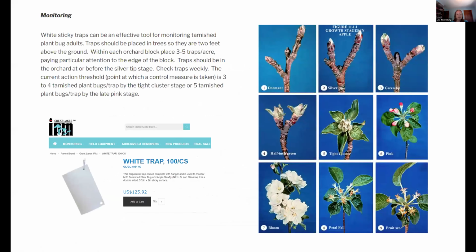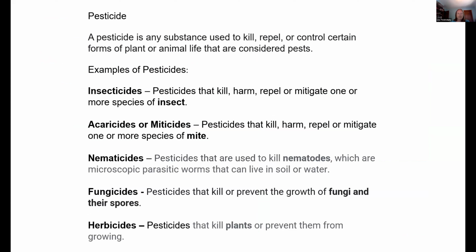I just wanted to show you, they'll set it up by letting you know what stage of the plant to set it at, check it weekly, and this is the trap you should use. So it's just a little example of how you would use monitoring in an IPM program to help make management decisions.